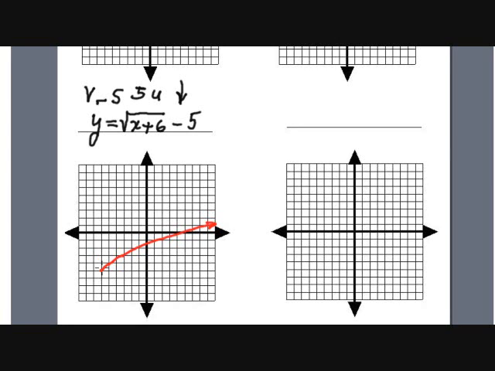Okay, so at this point is the point negative 6, comma, negative 5.